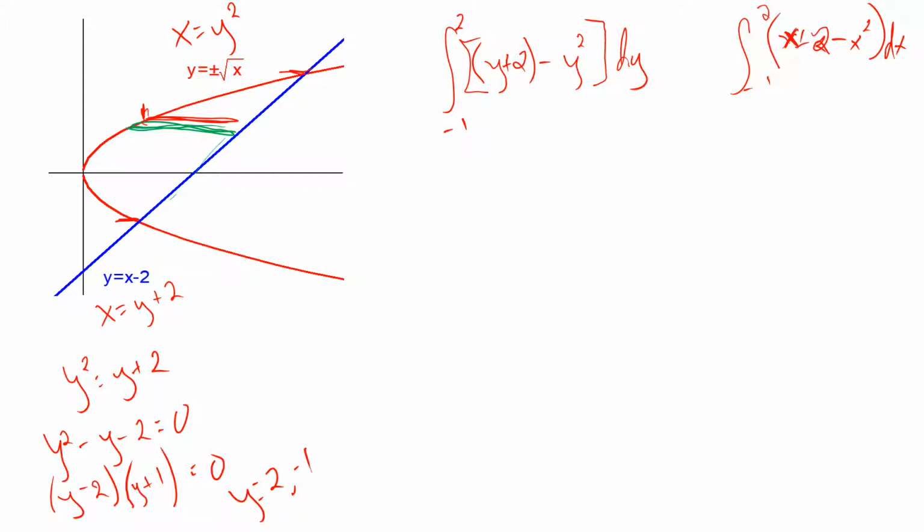Trying to plug y's in there might make things weird, but x is the variable. It's fine. You're still going to get the same answer. And when you do, the answer there, by the way, should be 4.5. So you're going to check the work on that, see if you can plug it in correctly. And that's the second warm-up problem.